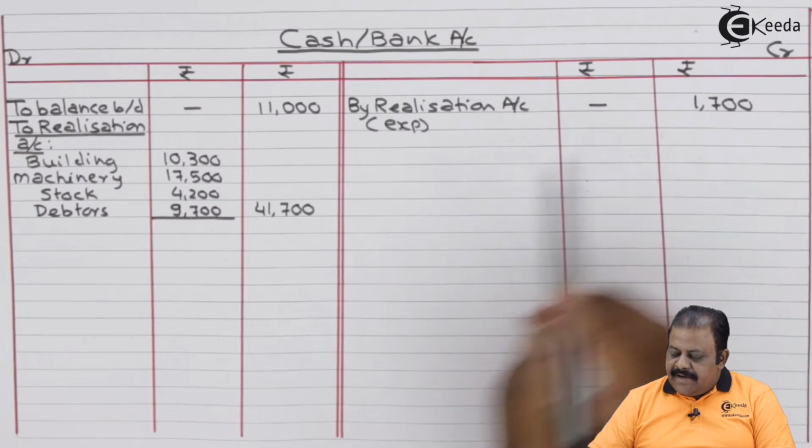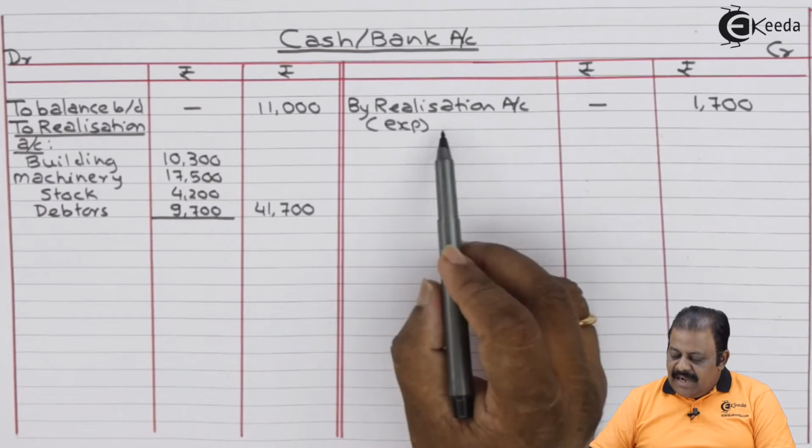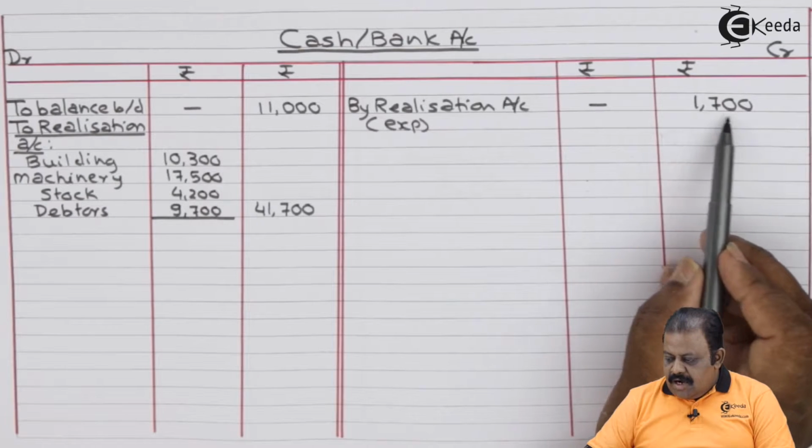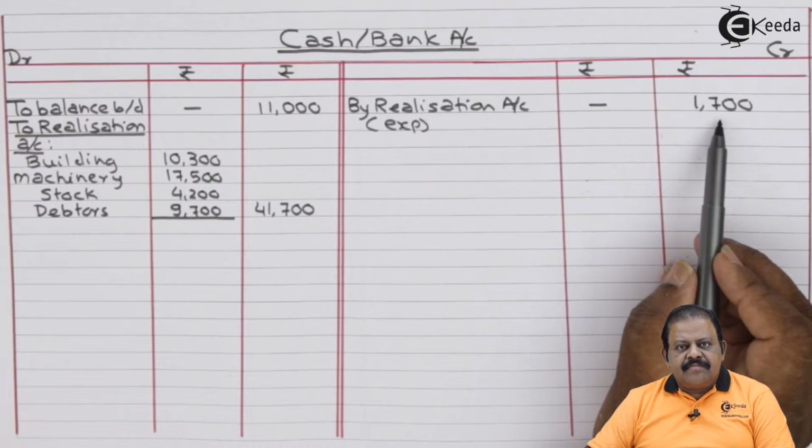Cash bank account credit by realization expenses paid. Amount is 1,700.